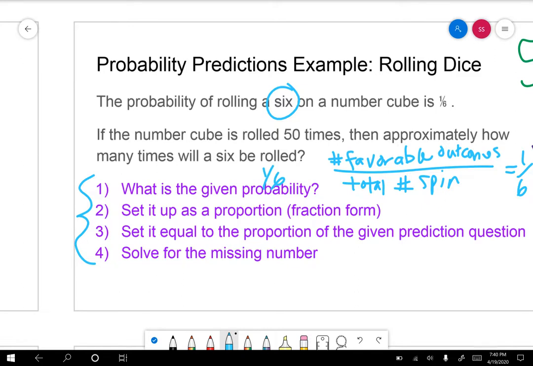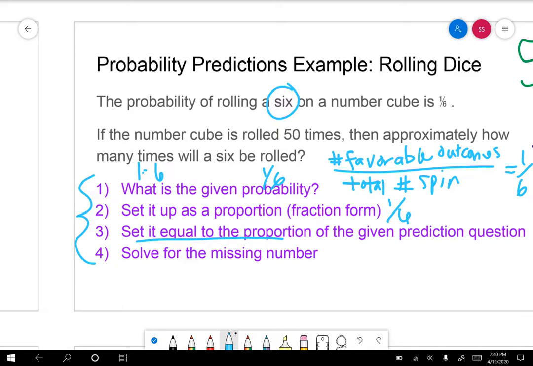Now we're going to set it up as a proportion in fraction form. You might have already put it in fraction form. You could have put it in ratio form like that, or written it out 1 to 6, etc. So once it's in fraction form, we're going to set it equal to the proportion of the given prediction question.